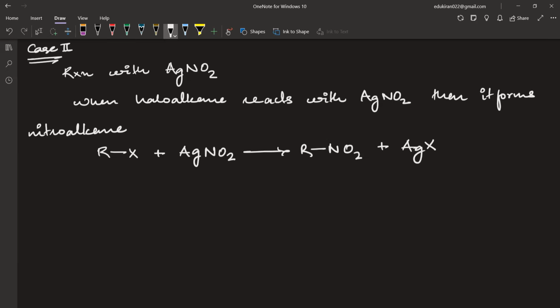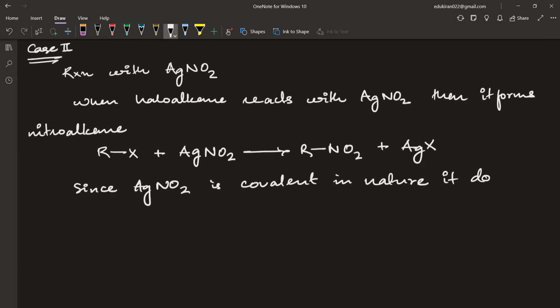So here the reaction is happening with nitrogen. Why is it happening with nitrogen? Since AgNO2 is covalent in nature, it does not dissociate into ions.